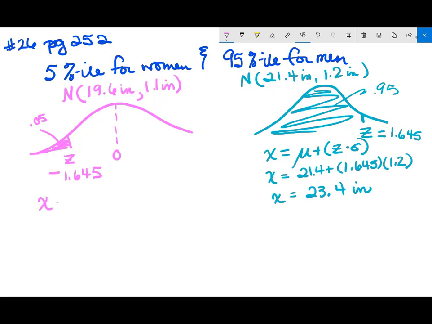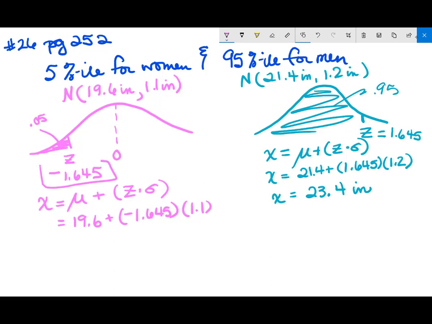So now I want to change that to a raw score. My raw score will be my mean plus the product of my z-score times the standard deviation. So that's going to be 19.6 plus a negative 1.645 times 1.1. Now notice that my z-scores are the same, just the signs are different, and that makes sense.